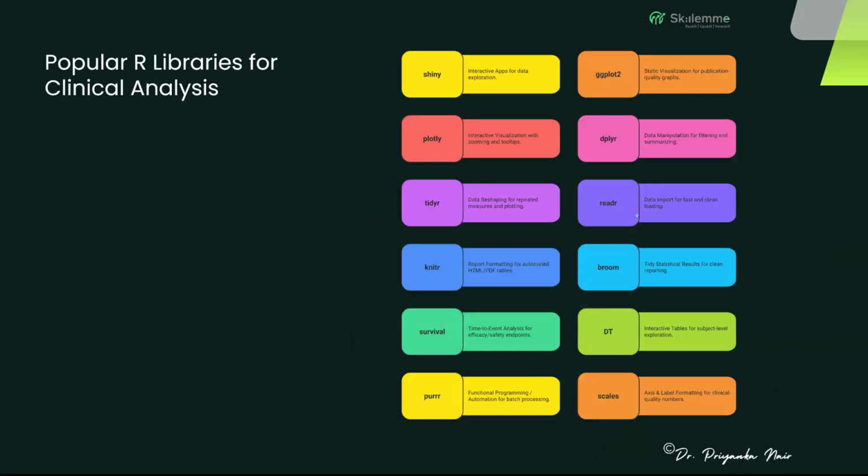Before we jump into the use case, I really want you to look at some of the very, very popularly adopted R libraries in the clinical research facet. Shiny, very largely used and very easy to use library in R. It helps you build interactive web apps, right?